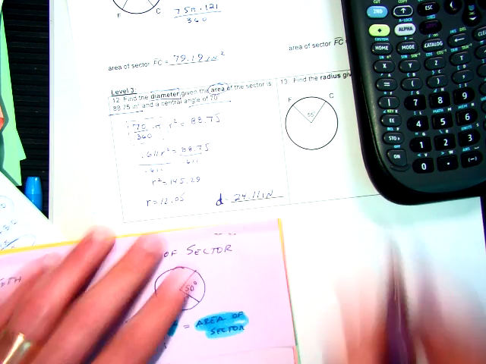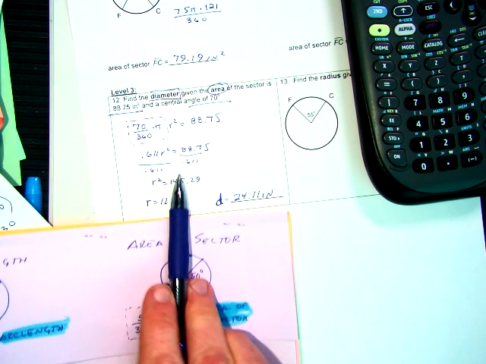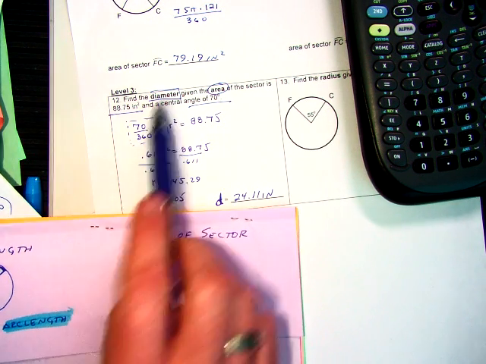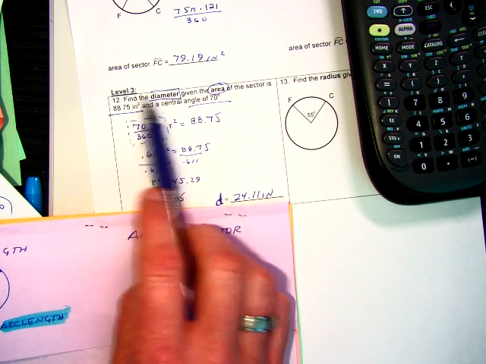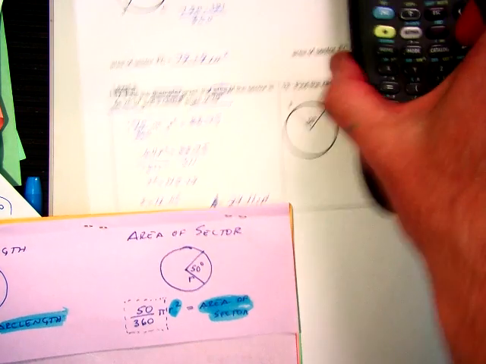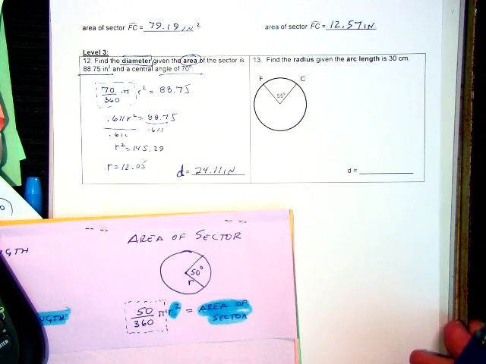So remember, when we give you the area, you are going to have to take the square root at some point, or at the end. You get your radius, but you always have to go back and check what was the question, what were we looking for? We're looking for the diameter. All right, last one is find the radius given that the arc length is 30 centimeters.